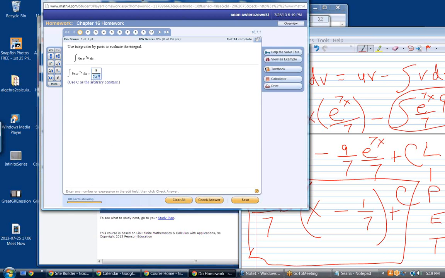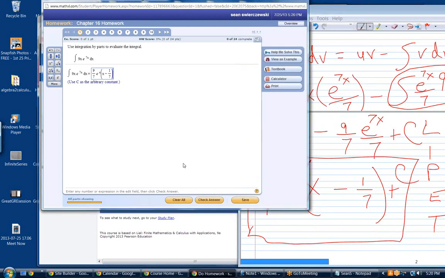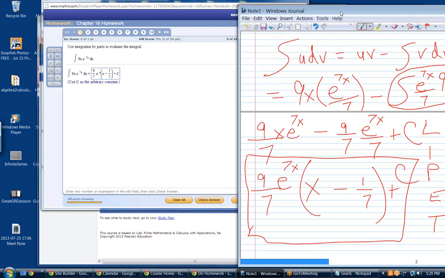Nope. Why is that red? It's always like that until you finish it. All right. Are you pulling out e to the 7th x or just e to the x? No, just like this. Whoops. That's what I want there. In other words, that should match this answer, plus C. But see, in your answer that you wrote, you put 9/7 e to the 7th x. Yeah.